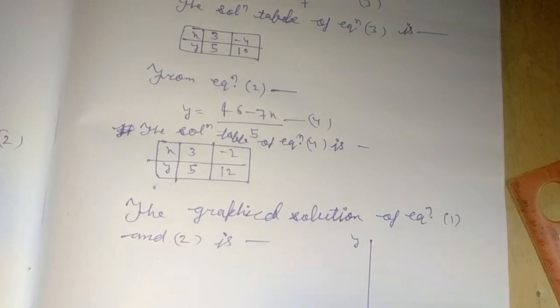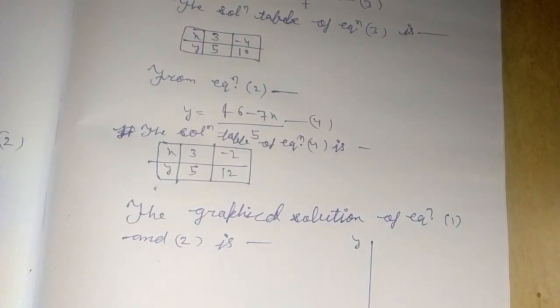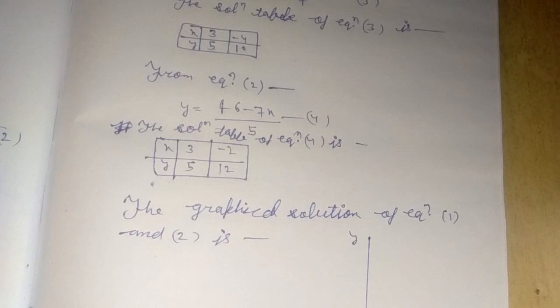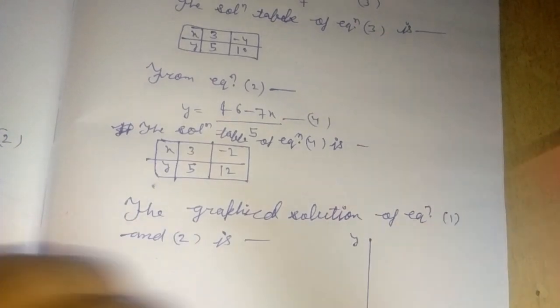X-axis, y-axis. Here we can observe in both tables the maximum value of x is 3 and the minimum value of x is -4. Also for y, the maximum value of y is 12 and minimum 5. So along the y-axis we will take 1 centimeter equal to 2 units, and along the x-axis we will take 1 centimeter equal to 1 unit.